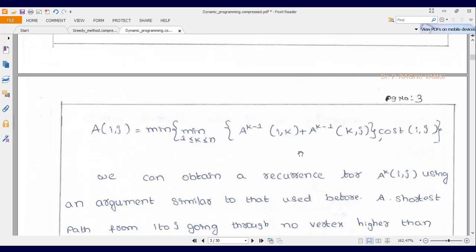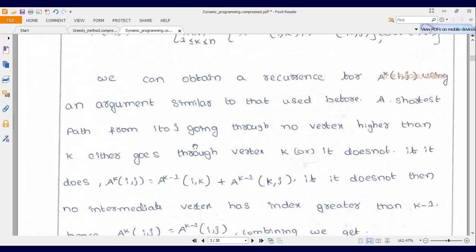So to represent these adjacency matrices, we use k, where k is between 0 to n, that means how many iterations you do. So A^(k-1)(i, k) plus A^(k-1)(k, j), compared with cost(i, j): whatever is the minimum that you select, that minimum cost will be added to the previous path. This is the way you iterate the solution and get the best possible path.